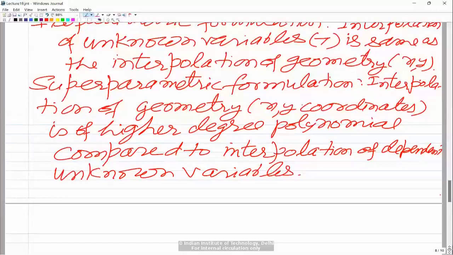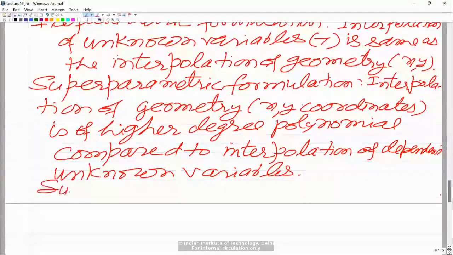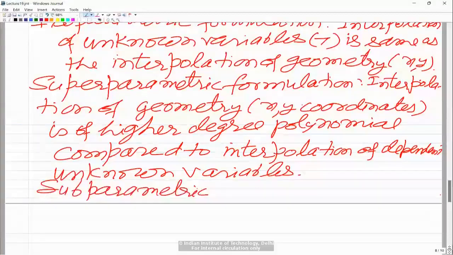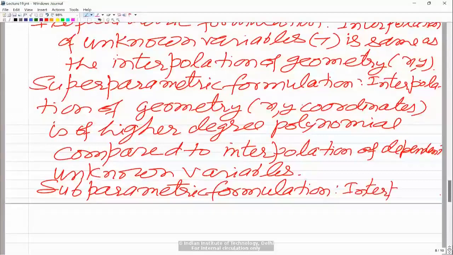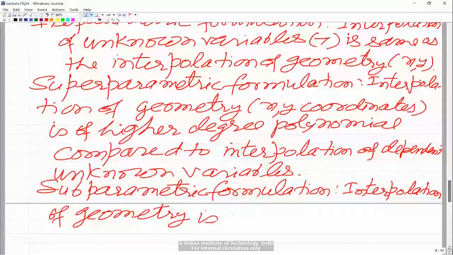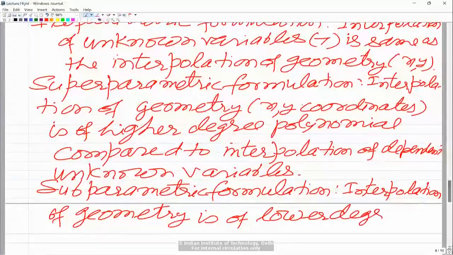So this is known as superparametric formulation. Similarly, there is a subparametric formulation. It is just the reverse of this. So when you say subparametric formulation, the interpolation of geometry, that is x and y coordinates, is of lower degree polynomial compared to interpolation of dependent unknown variables.